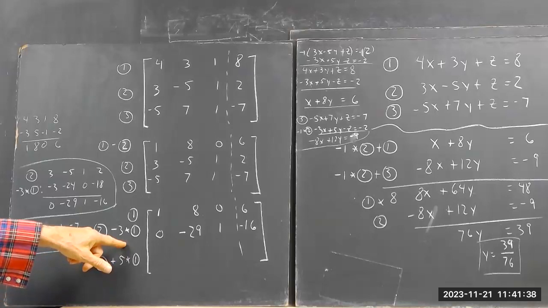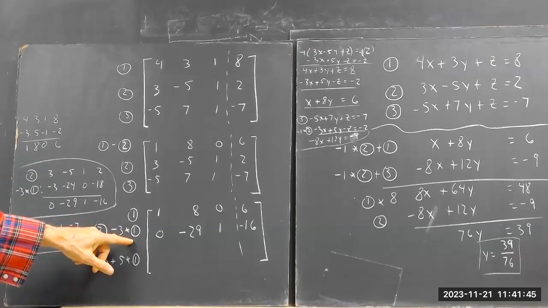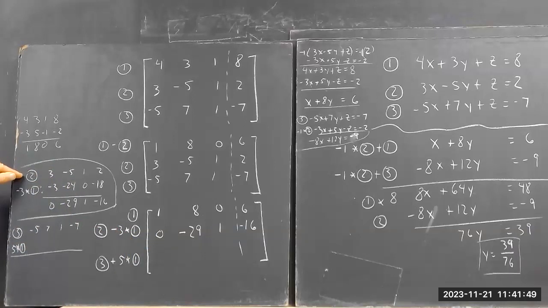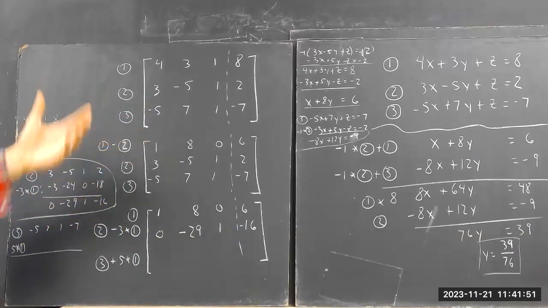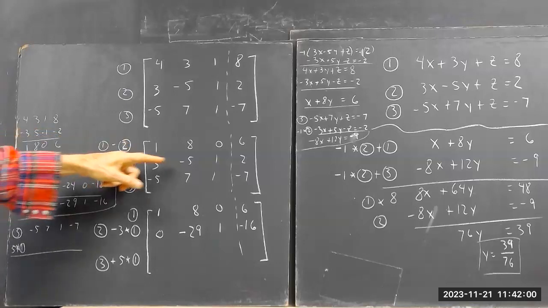This is what we did before. Just review what we did before and see how it looks here. We did equation 2 minus 3 times equation 1, right? To do that, I could have written out equation 2 because we just did it in our heads and made a few mistakes, but we had the right idea. Here's equation 2, or line 2, 3 minus 5, 1, 2, right there it is.